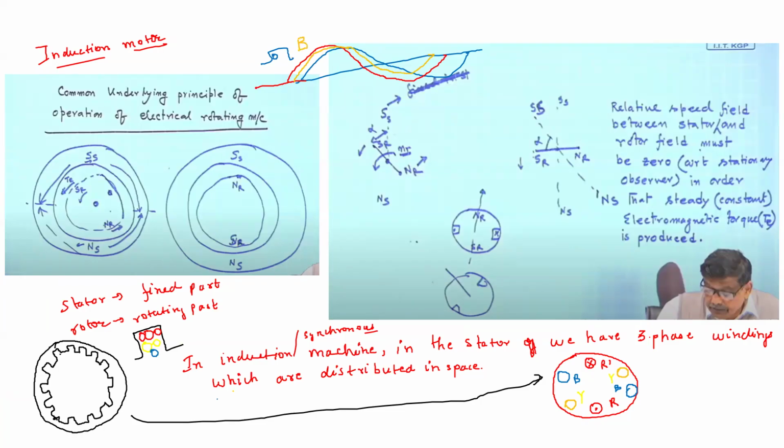So what will happen is that you have three phase windings which are distributed in space. If in these three phase windings you put DC currents, then due to this DC current there will be this sinusoidal distribution, but you will not be passing DC current in these three phase windings, right?